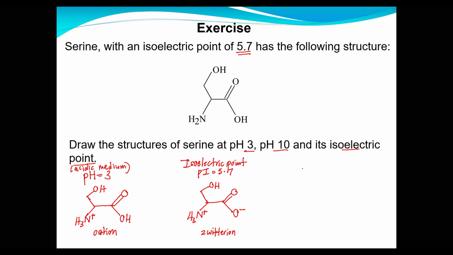Then at pH equals 10, which is a basic medium, serine will act as an acid by releasing its proton. So the carboxyl group, the proton will be released by the OH, and form an anion.